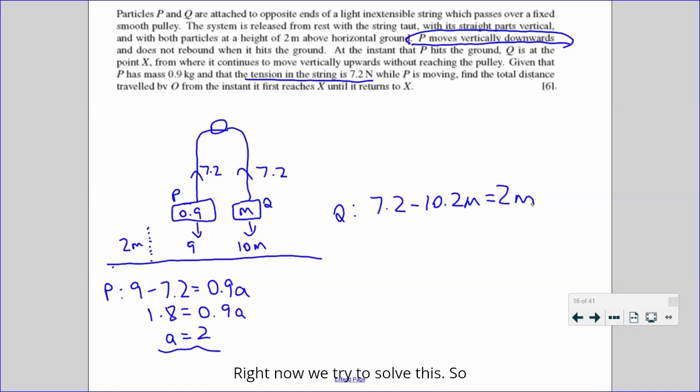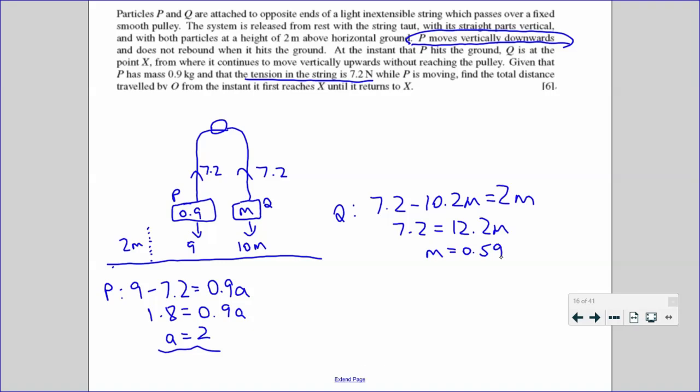Right, now we try to solve this. So 7.2 equals 12.2 m. M equals 0.59.